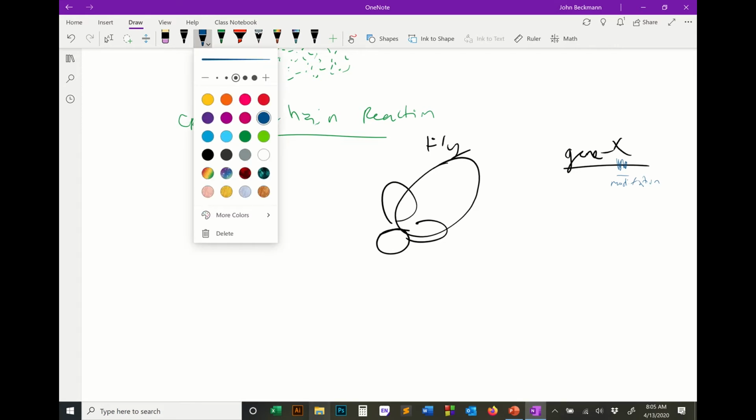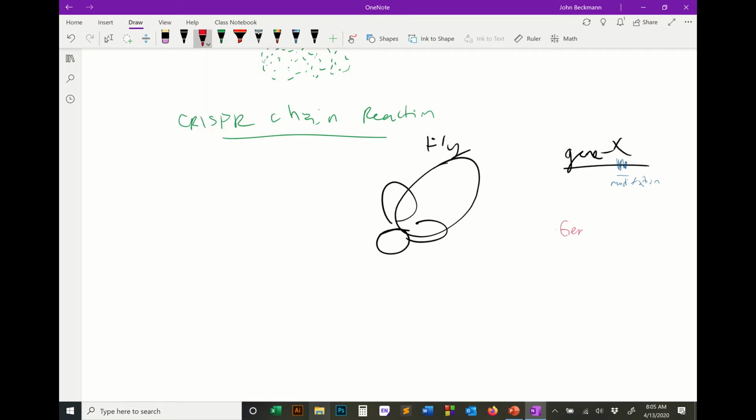So I'm going to draw the transgenic gene X like this. And wild type gene X looks like this, okay? So now imagine a scenario where we want to create a gene driving transgenic gene X. How do we do that?